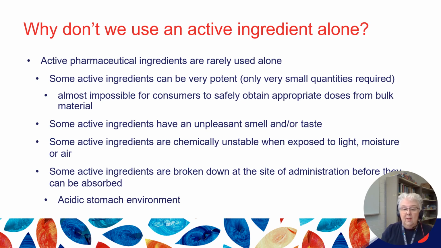So we all know that we have a very strong acid in our stomachs, and when we take certain types of medication that are based in a protein structure, the acid in our stomach just breaks that down. So by putting a protective coating around that active molecule, we can get it to the less acidic duodenum where it can actually have its effect.